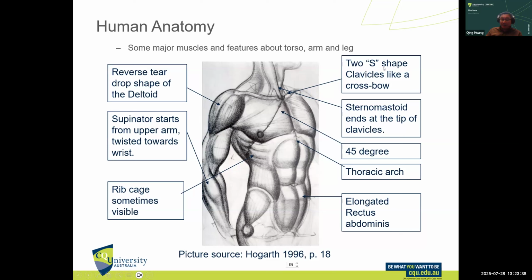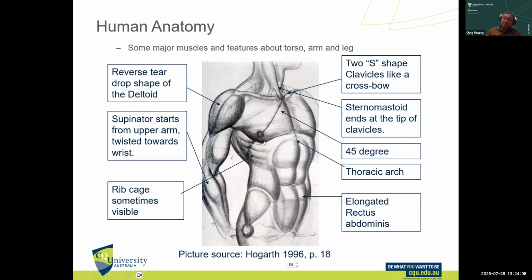And you have the S-shaped clavicle, like a crossbow, with the tips attached to the sternomastoid, which defines the shape and the major bulginess of the neck, and the angle from the tips of the clavicle to the nipples forms kind of a 45-degree angle.